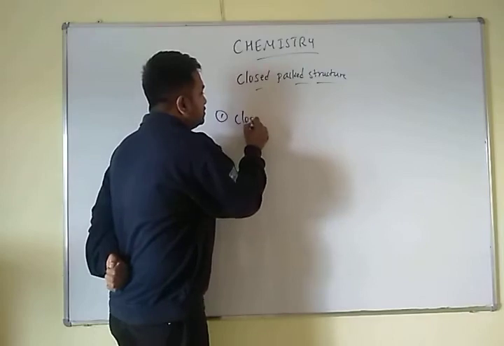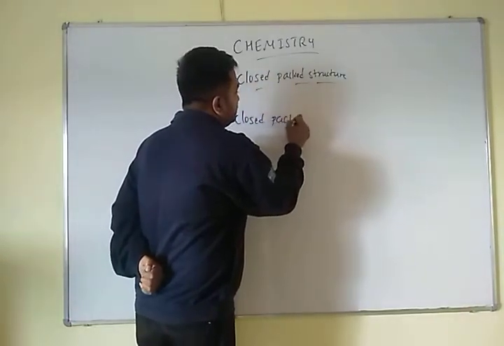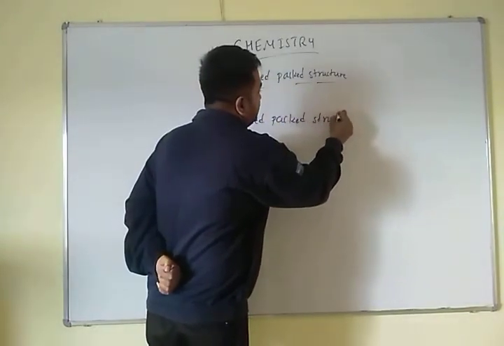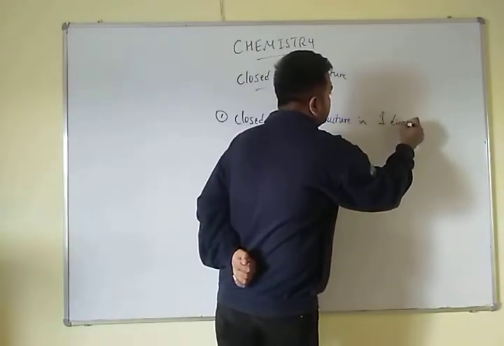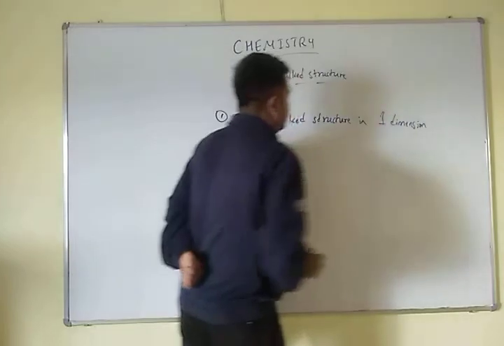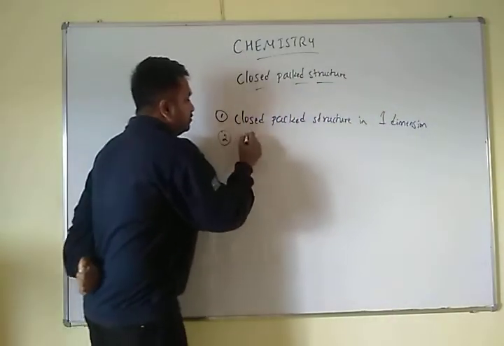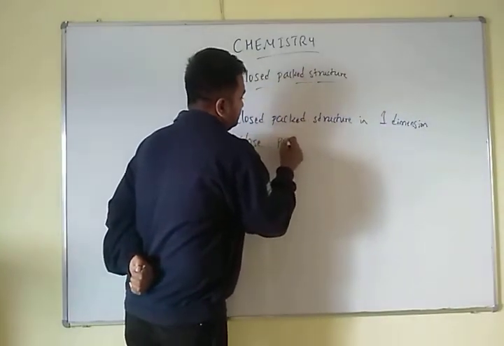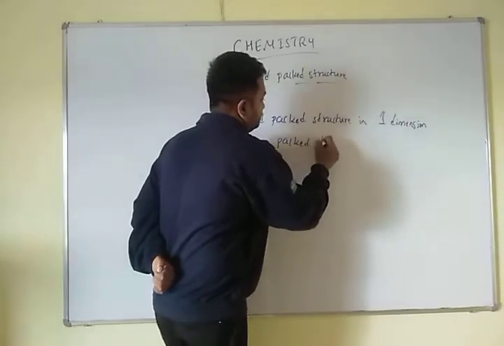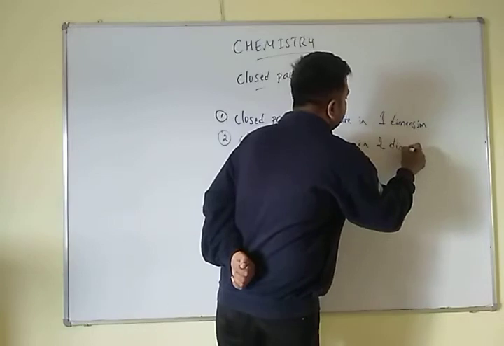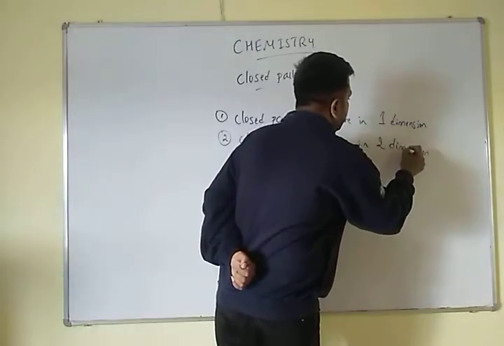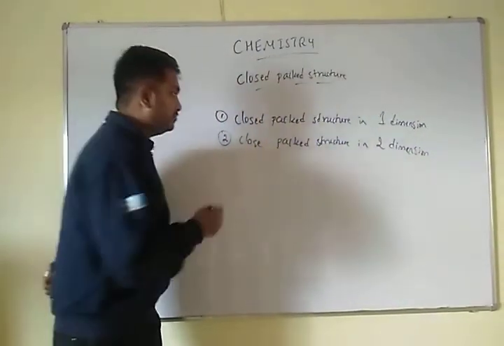So this closed packed structure we can create in three ways. The first one is closed packed structure in one dimension. Second one is closed packed structure in two dimensions. And in these two dimensions, we have two types.